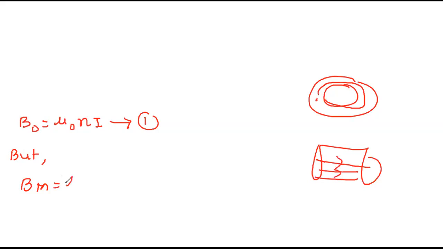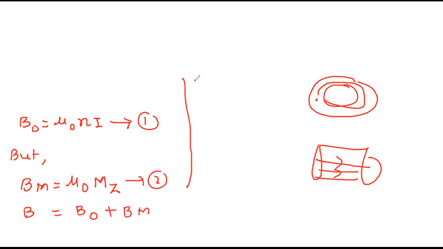So magnetization produced in magnetic material is given by mu naught into Mz, where Mz is magnetization. Therefore, resultant magnetic induction will be due to current and due to that magnetic material.